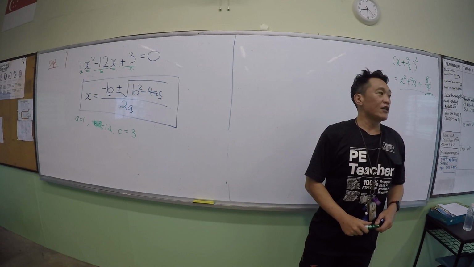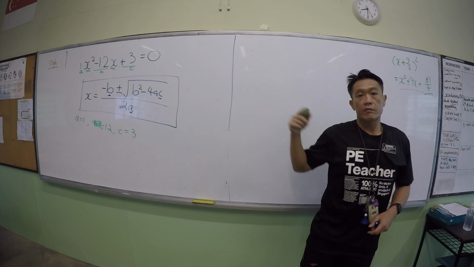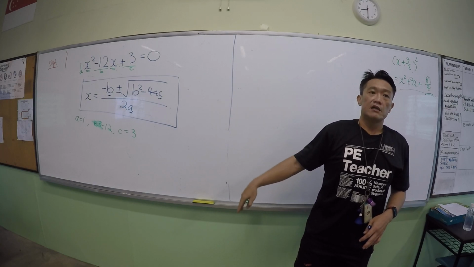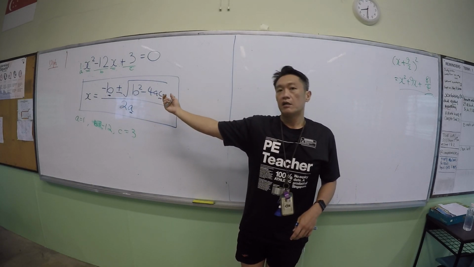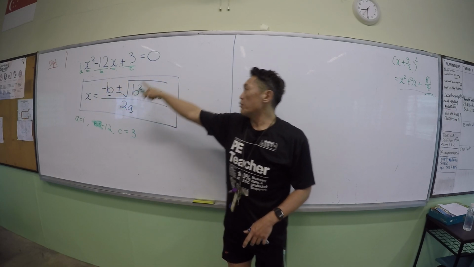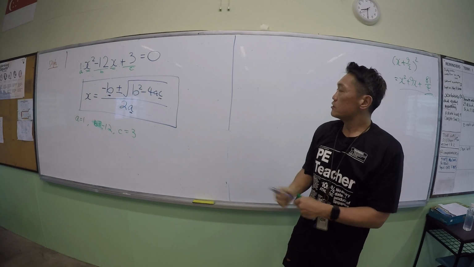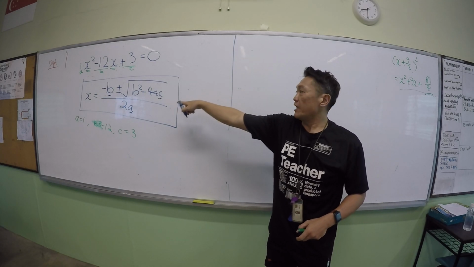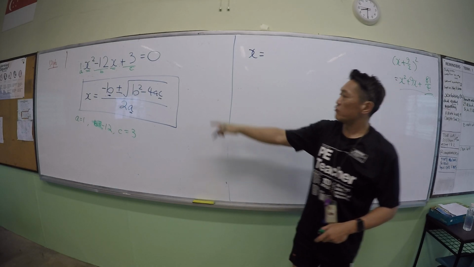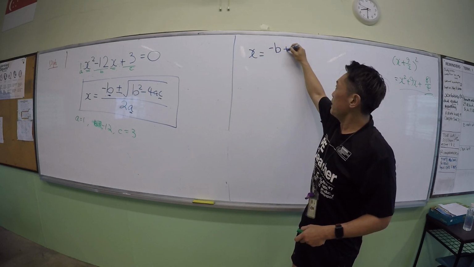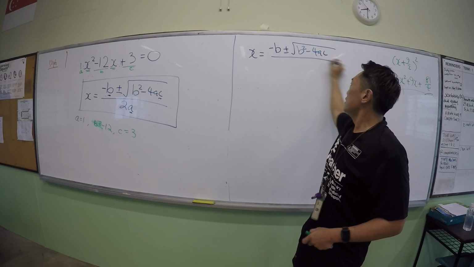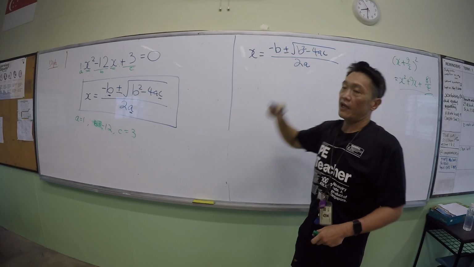So whenever we are doing completing the square, the steps are always the same. And the steps can be simplified into this whole working. Now we just need to put in the numbers. So by applying the formula, x is equals to negative b plus minus square root of b squared minus 4ac over 2a.